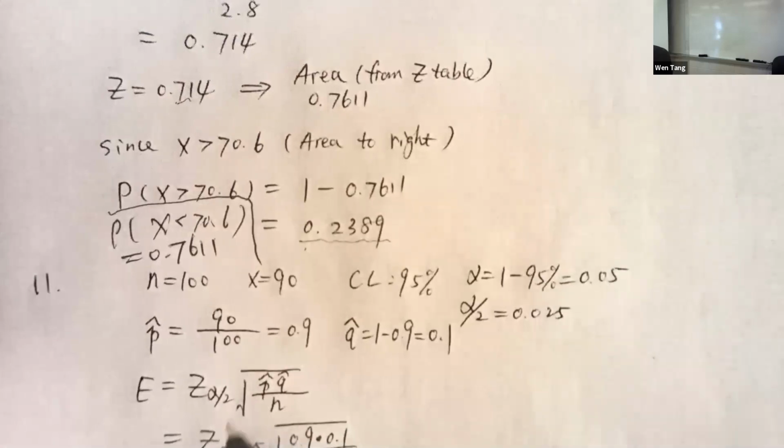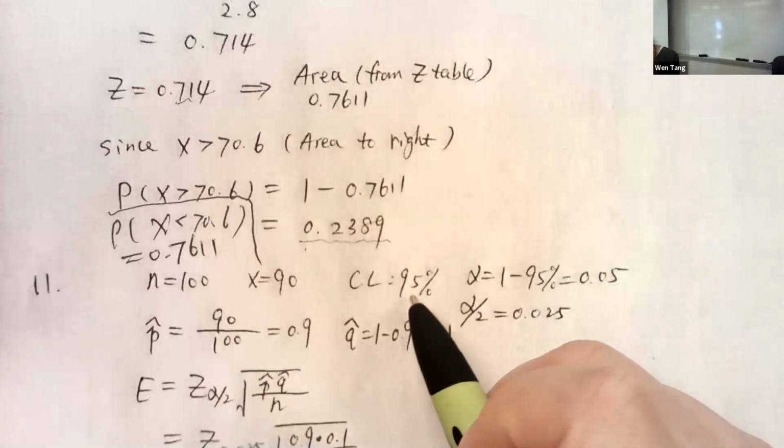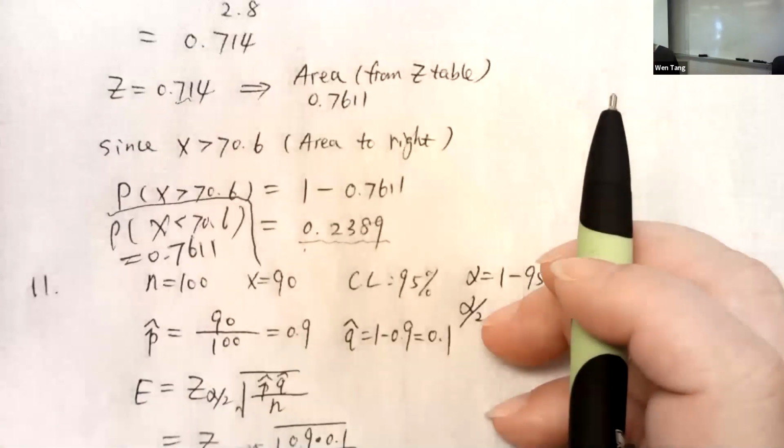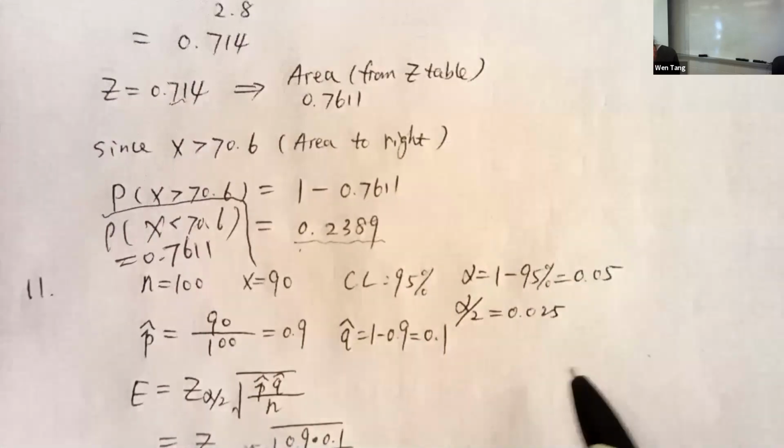But before we get the margin of error, we know we need to check what's the critical value, Z sub half alpha. But the question did not directly give you the alpha value. But the question tells you the confidence level. Confidence level is 95%.